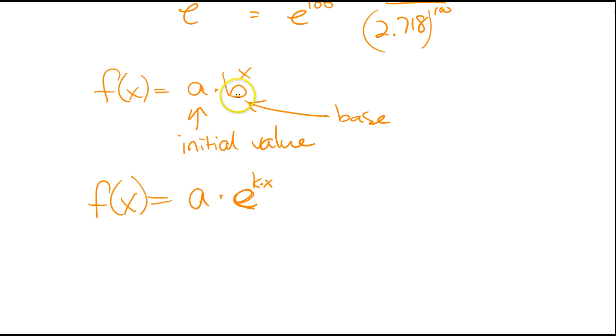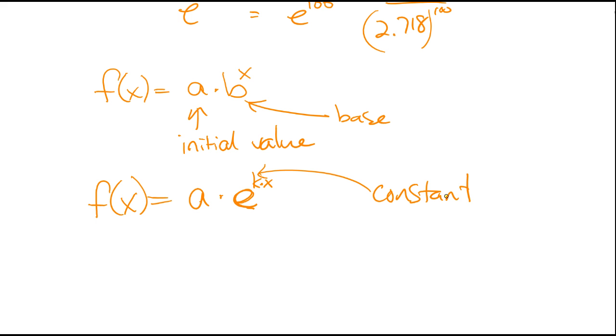But I can't change the e here as my base. The e is always 2.718. So in order to be able to curve fit this beyond just the initial value, I'm putting a k in there. k stands for constant. Well, it doesn't really, but in math class it does.